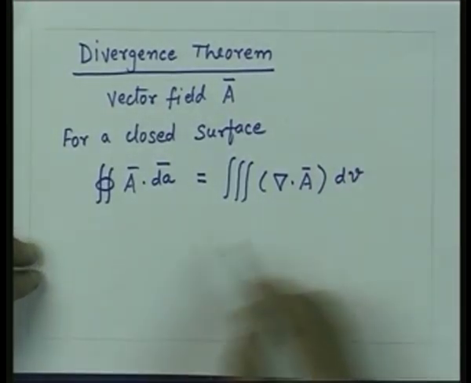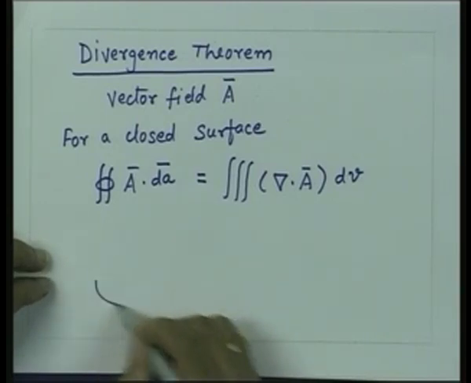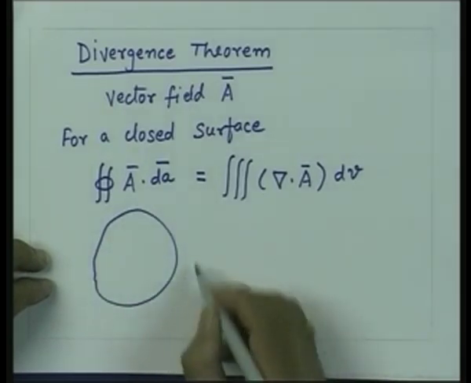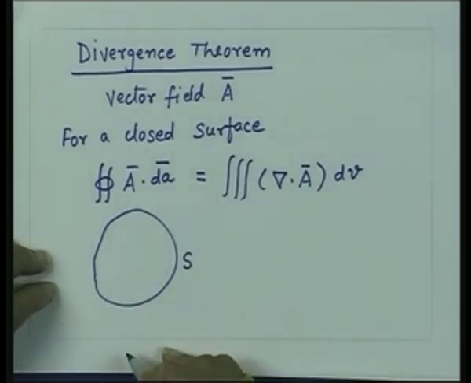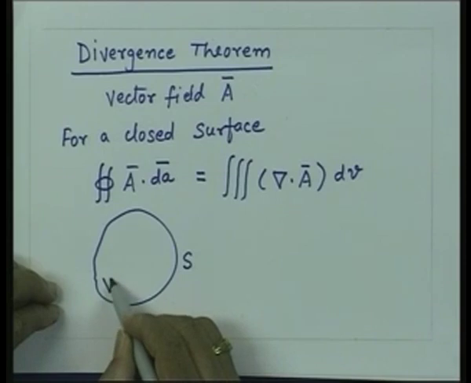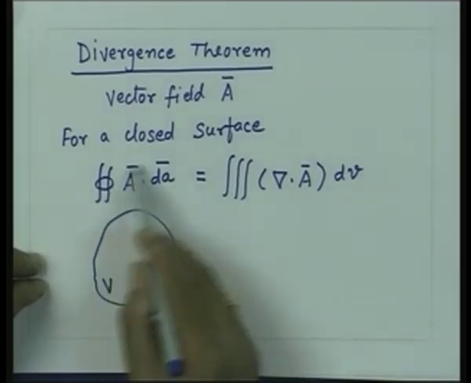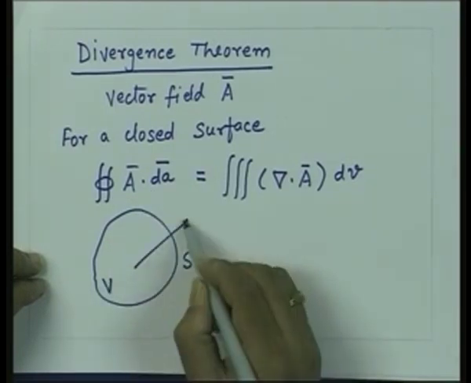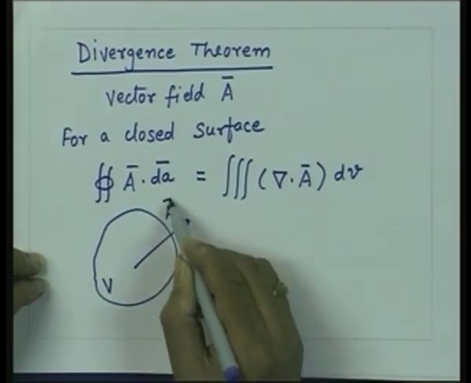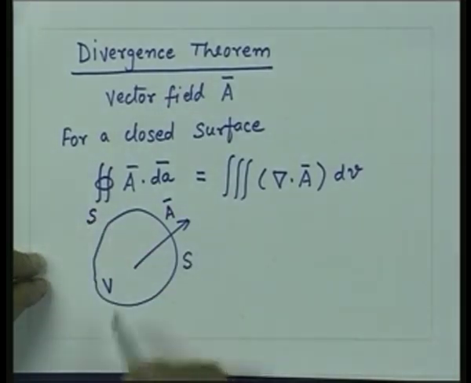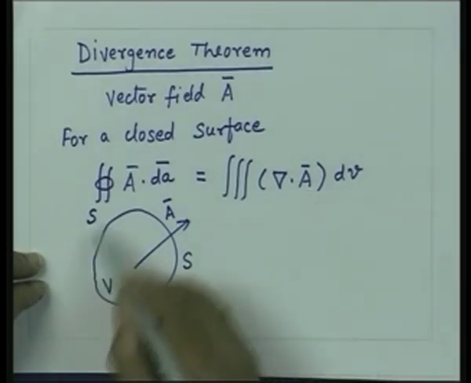So, if I consider a surface, it has a total surface area, let us say S, and the total volume for this is V. If I take the surface integral of the vector A on the total surface S, then that is equal to the volume integral of the divergence of A over this volume.